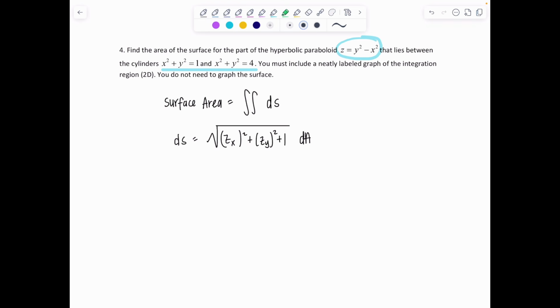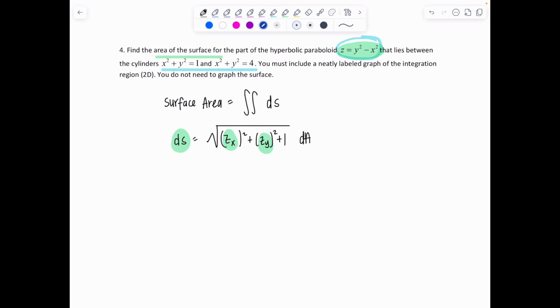Whatever you're finding the surface area of, in this case the saddle, that's what I'm going to use to find dS. These cylinders tell me which portion of the saddle I'm finding the surface area of, obviously not the whole thing. So they determine my integration region. These give me the bounds, okay?